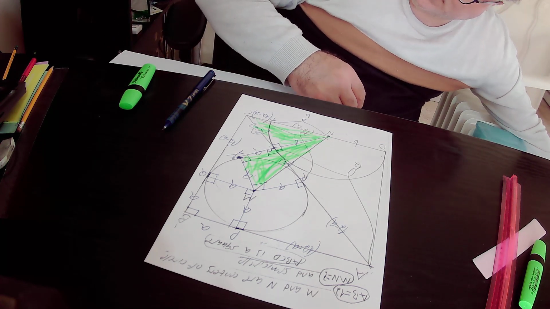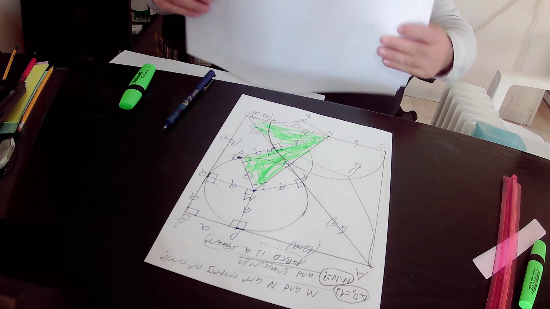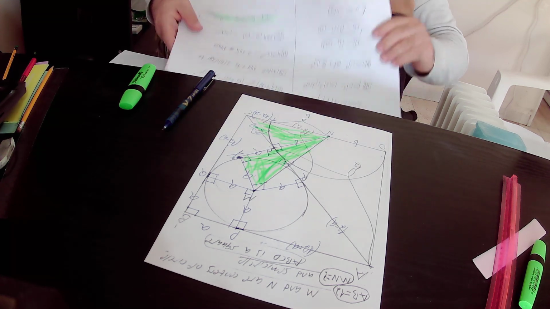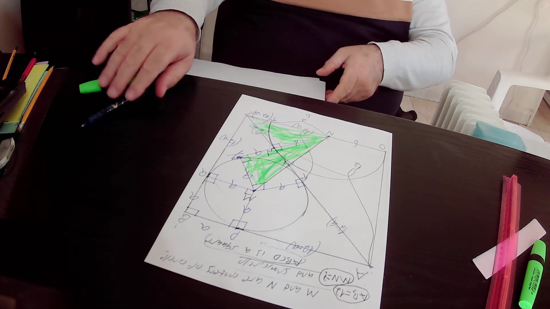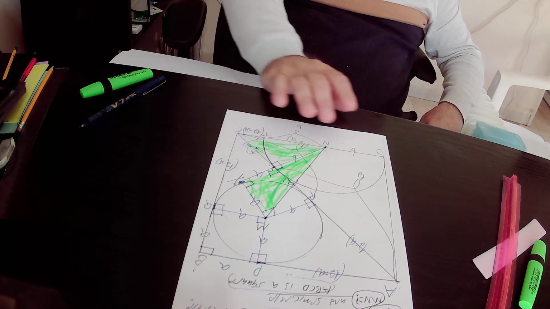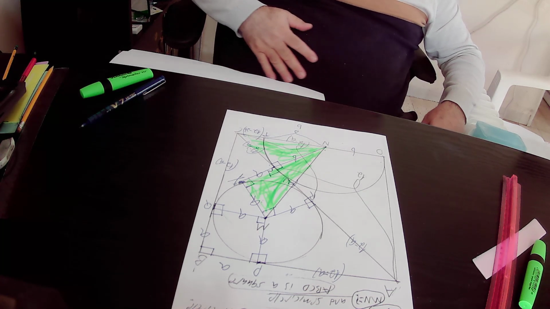Actually, we have here square ABCD, and inside this square, we know that one side of square ABCD is equal to 12 units.